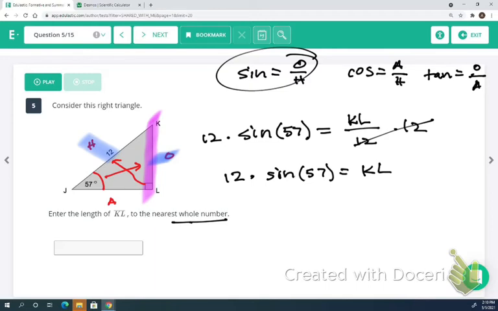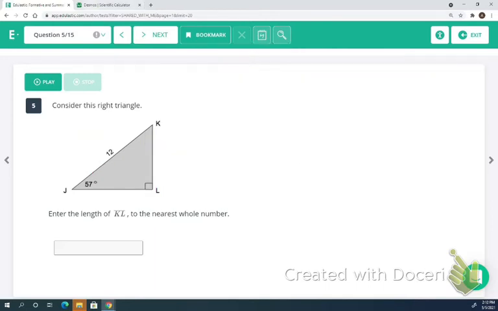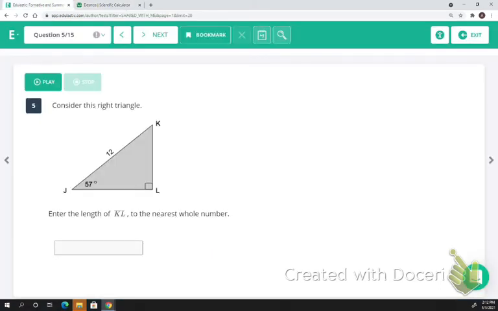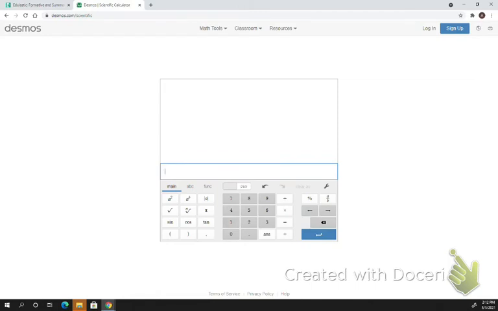So here I'm going to go ahead and enter that into my Desmos. I'm going to clear this. Sorry, let me look at the numbers really quick again. So I had 12 times sine of 57.